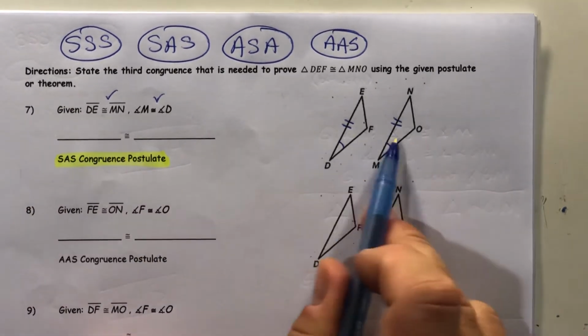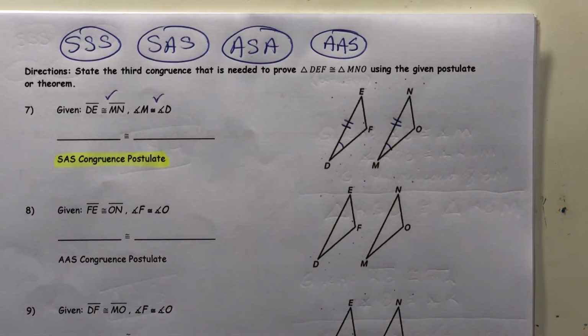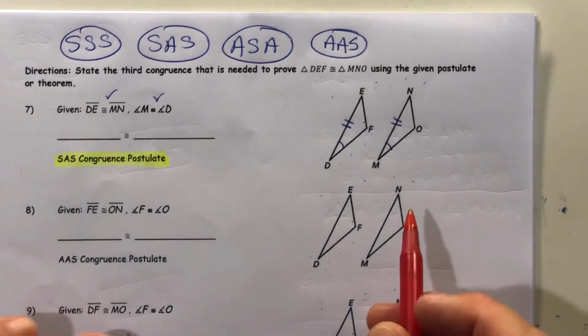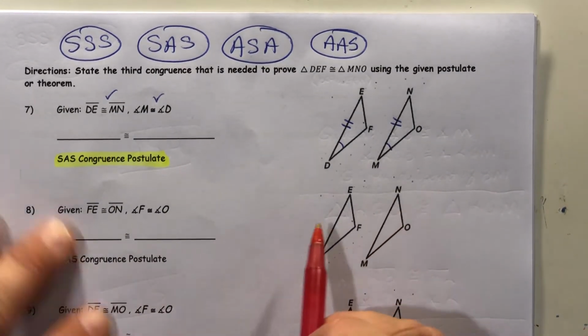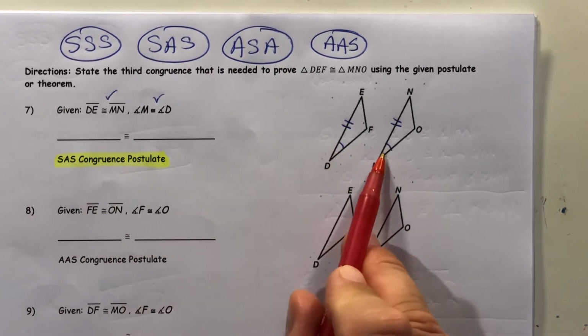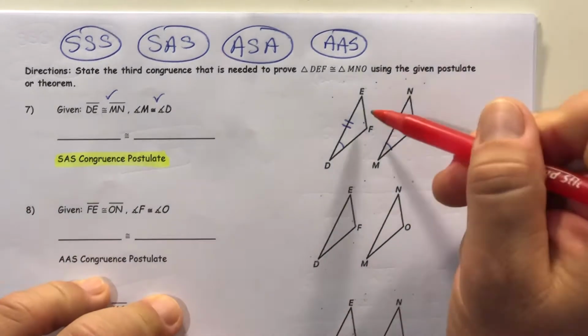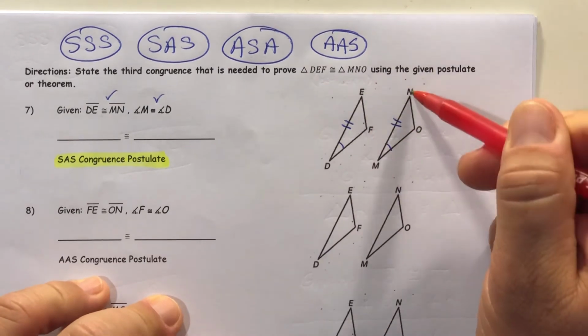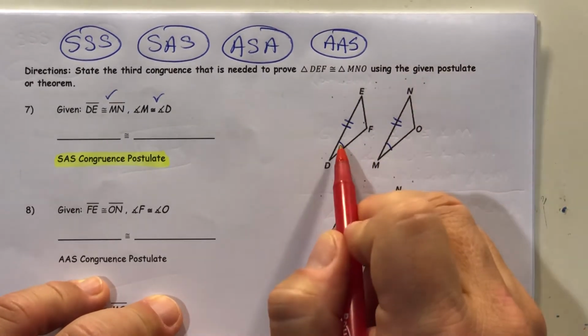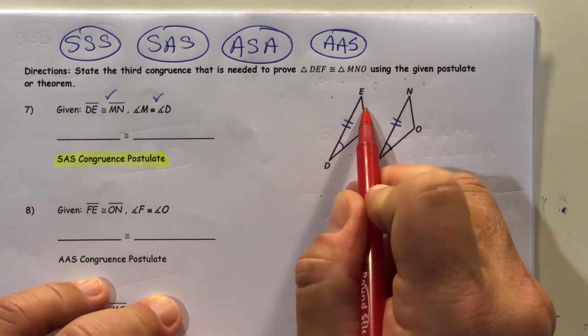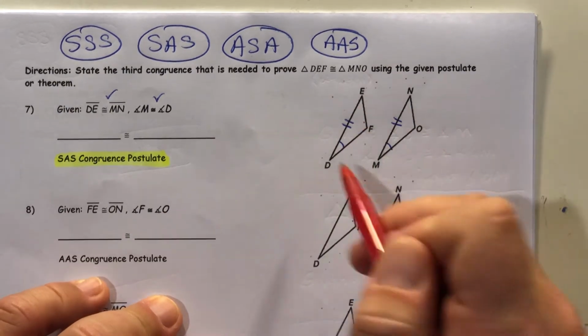So looking at this picture right here, we're going to need another pair of sides, right? And I want to make sure that this angle is tucked in between the two sides I mark. So I don't want to mark EF and NO because then, guys, think about it. That would be angle, side, side, right? We wouldn't have the angle between them.